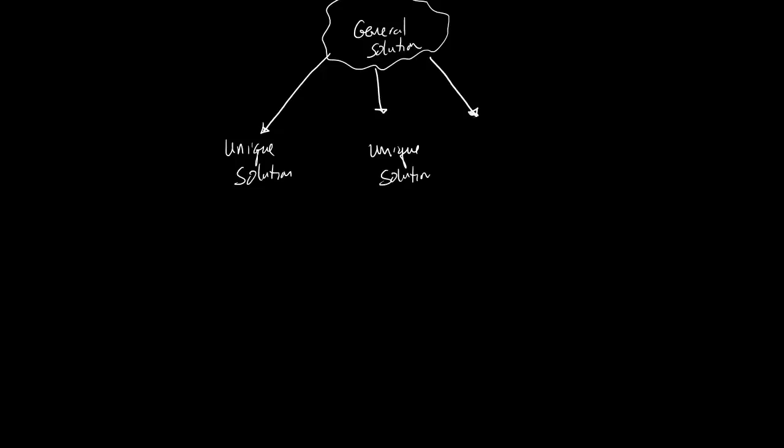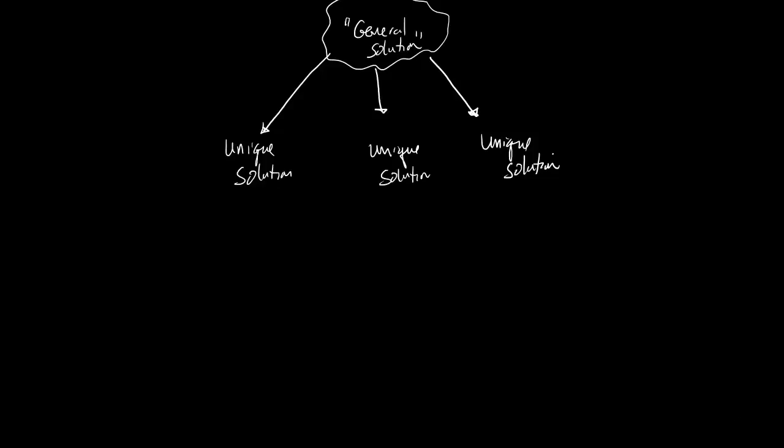There are usually an infinite number of unique solutions you can extract from the general solution, all because the constant in that general solution can change. It can be 2, it could be -1/2, it could be the square root of 3. It doesn't matter what the constant is, but it provides a unique solution.